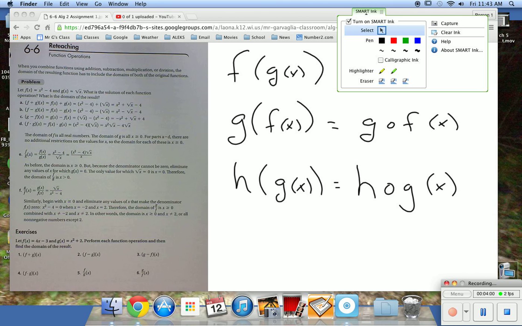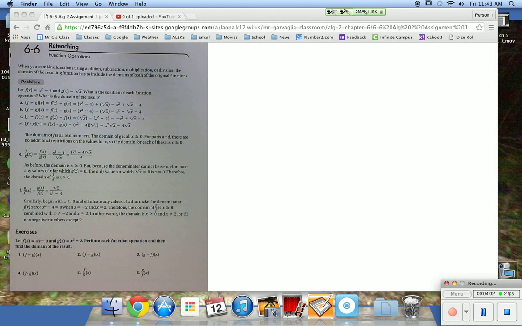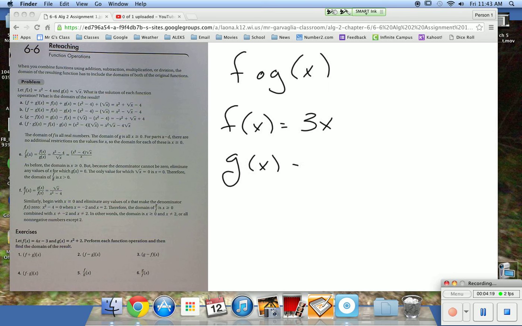Now, once we have it, we know what this would be represented as, f of g of x. Let's go back and say we know that f of x equals, let's say, 3x, and g of x equals x plus 1.